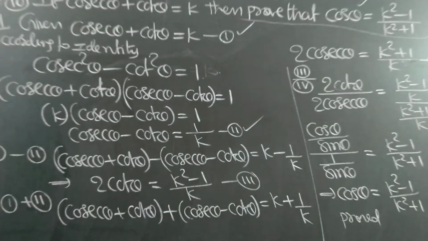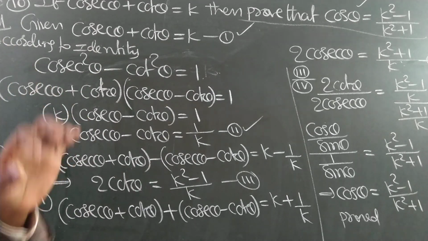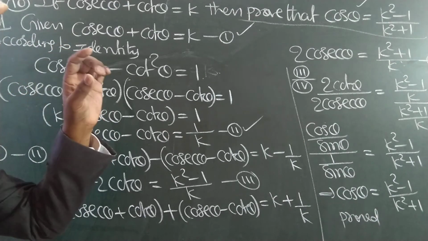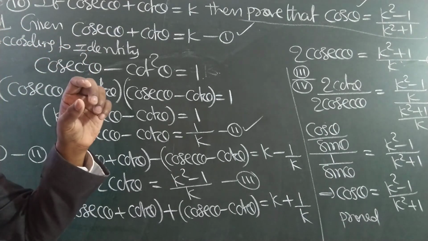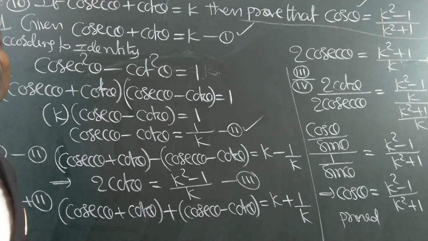Those who have not copied, or any disturbance happened previously, write it down very neatly, understanding each and every step. Even if you have already written, go through each and every step. First line, why? What is the reason? Why we got the second step? Why we got the third step? Like that, do the analysis for each step. Once again, I will explain.